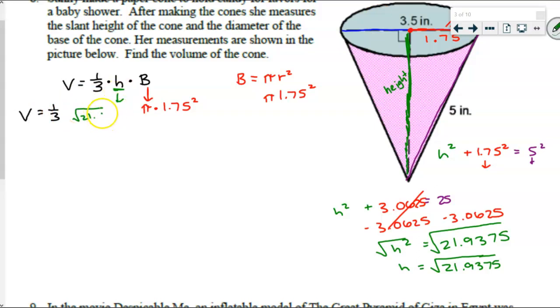And now we can finally type this all into the calculator. So we're going to type in 1/3 times the square root of 21.9375. Then make sure you're out of the square root part. I'm going to go outside of the square root, type in pi, multiplied by 1.75 squared, and that is quite a lot in the calculator.